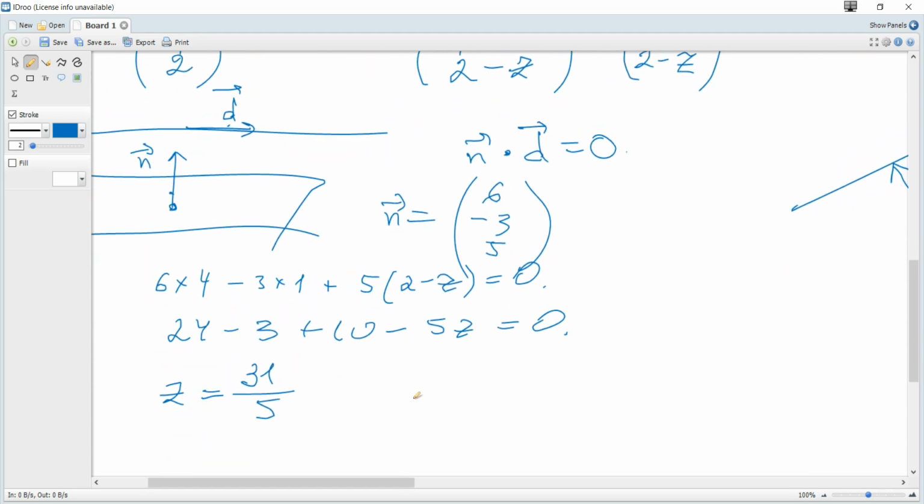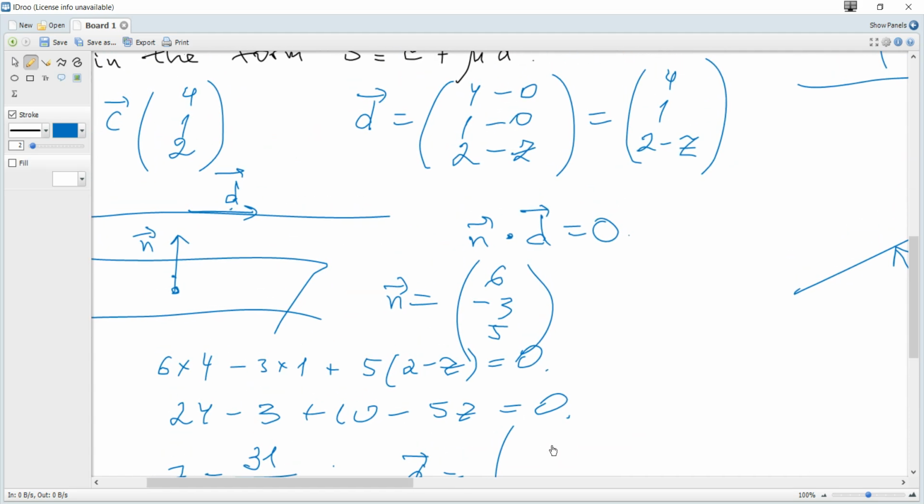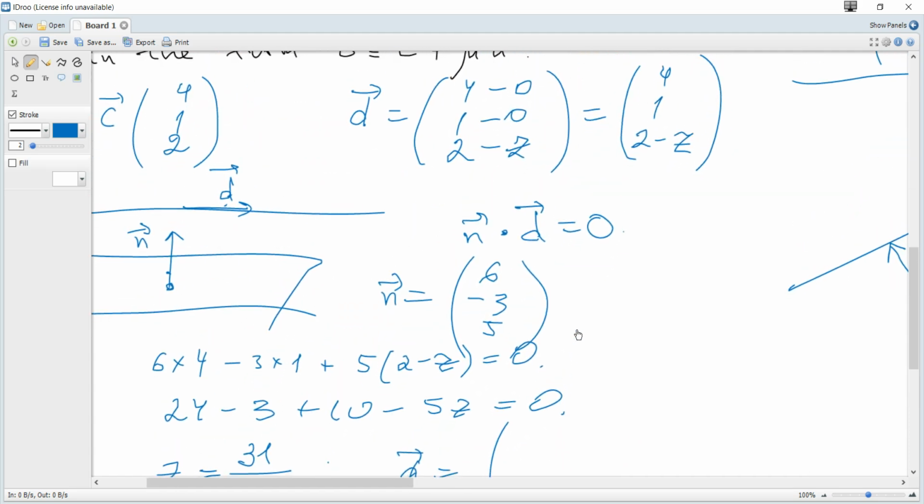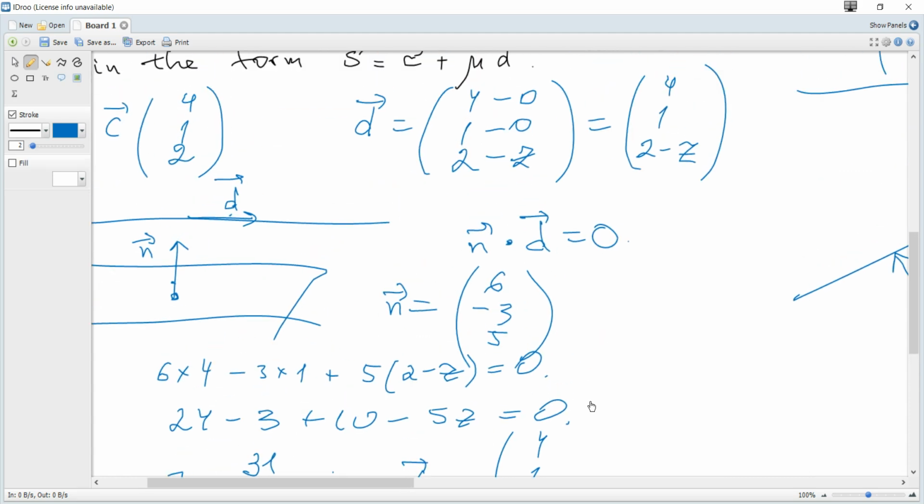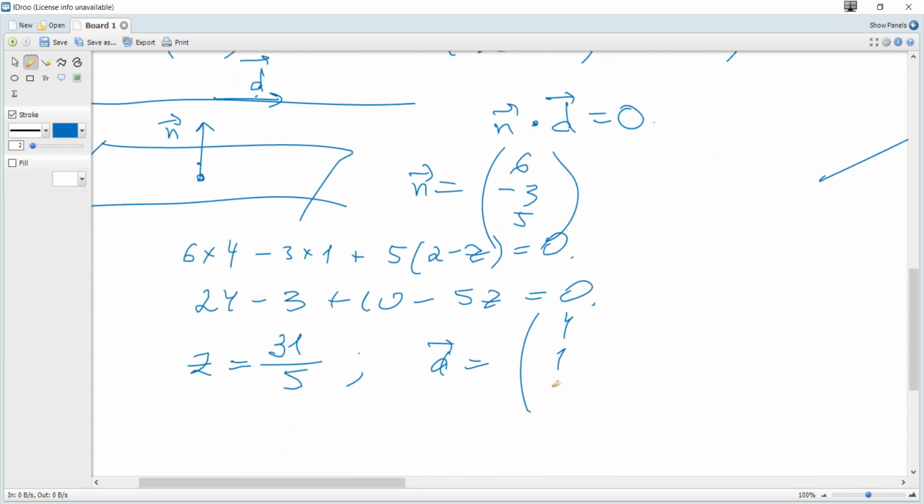Hence the D vector becomes 4, 1 and 2 minus 31 over 5. It's 10 over 5, so it's negative 21 over 5.